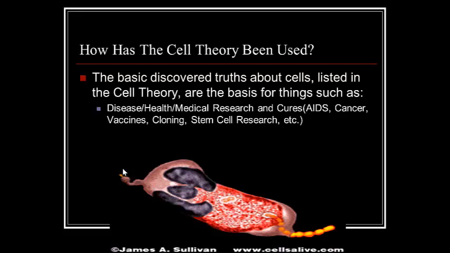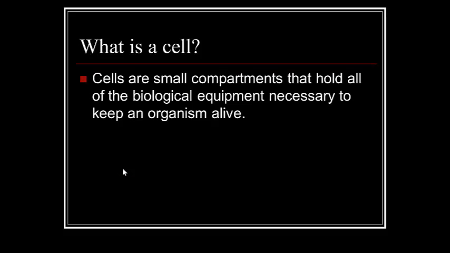When you go get a flu shot, that's a vaccine. When you get your shots for measles and mumps and things like that, those are vaccines. Cloning, stem cell research, there are a lot of other things that the basic knowledge of the cell has helped us work with and discover.